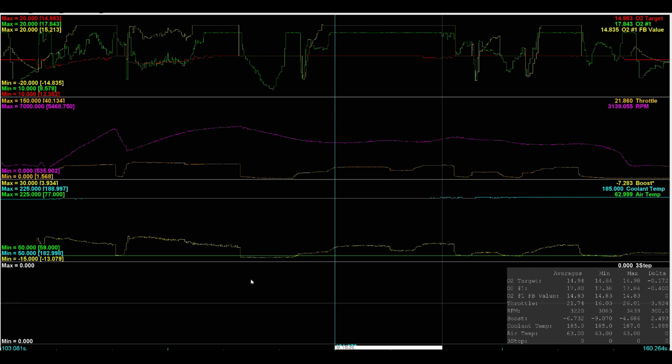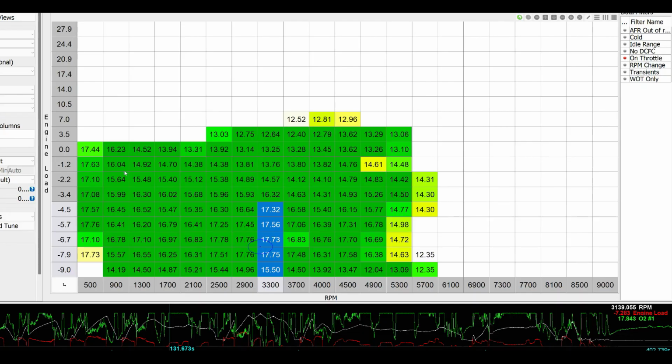If we go over and look at some of our histograms, to look at the averages from the whole entire log, we're looking really here at this 3,000 to 3,500 RPM range, and our vacuum is from minus 9 psi to about minus 5 psi. Flip over and take a look at the histogram for this.